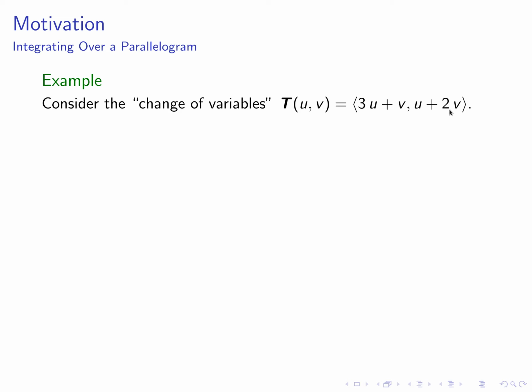We'll see where this formula came from in a moment. But the idea is that we're introducing two new variables, u and v, that help us understand xy space. So we're suggesting that we set x equal to the first coordinate, 3u + v, and y equal to the second coordinate, u + 2v.